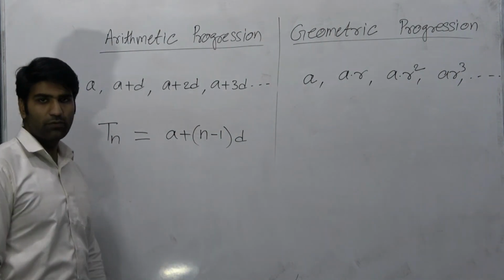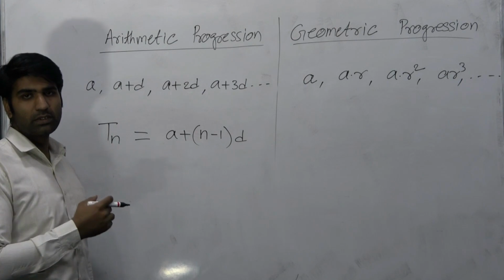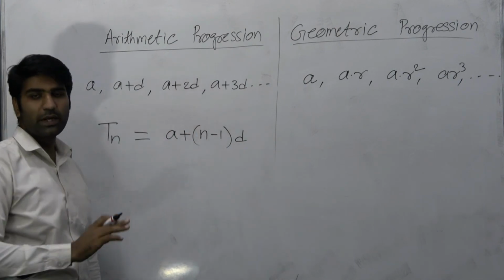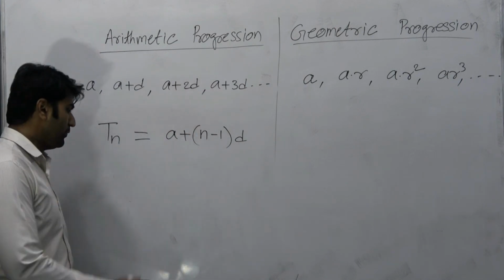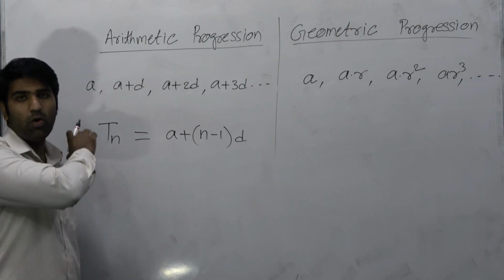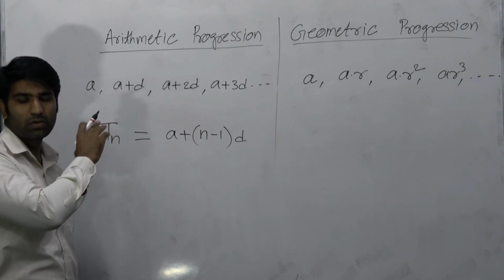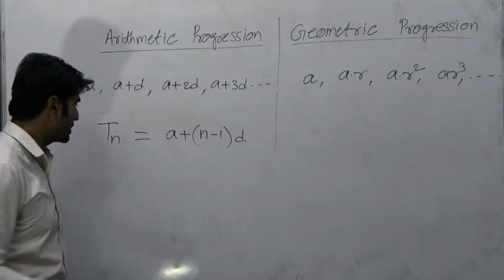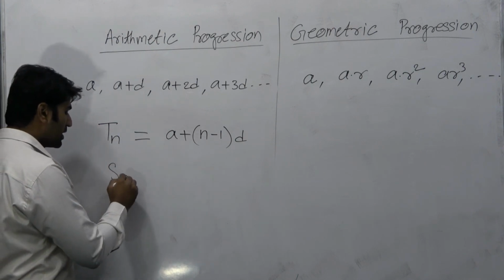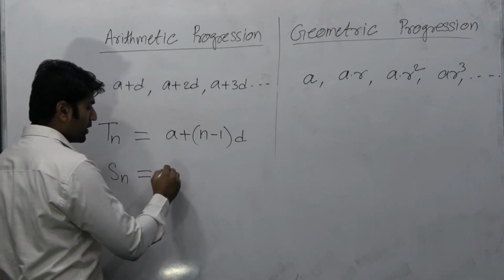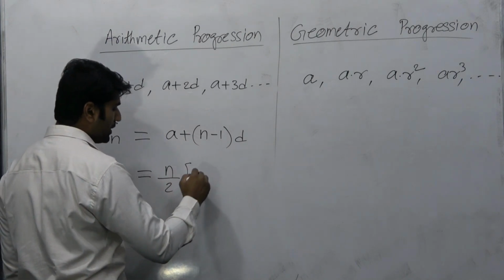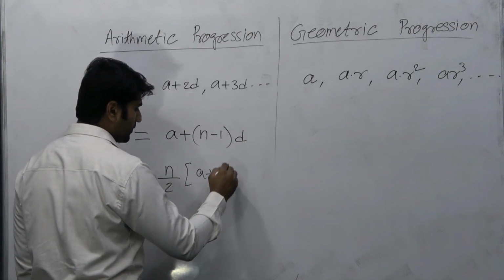So this is the formula to find the nth term in the given arithmetic series. And if we want the sum of all numbers in the given series, then we have the formula Sn is equal to n upon 2 into bracket a plus l.